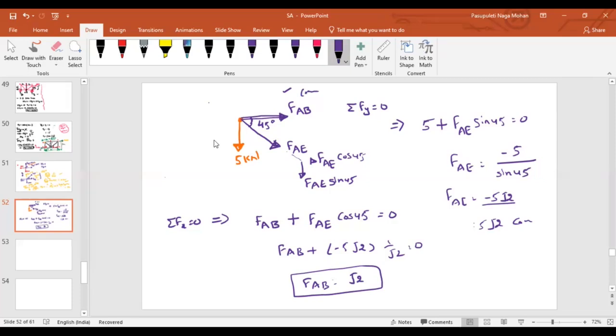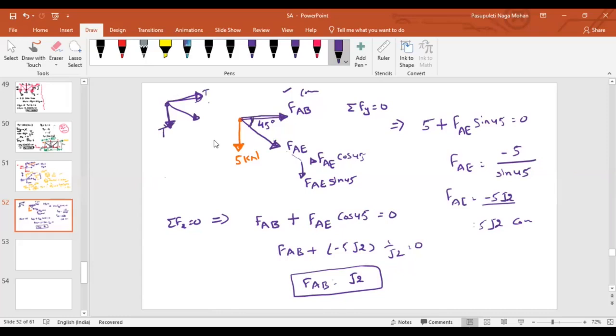Then this is one way of shortcut. If any members are oriented like this, if one member is known, if this member is tensile, then what about this member? It will also be in tensile.